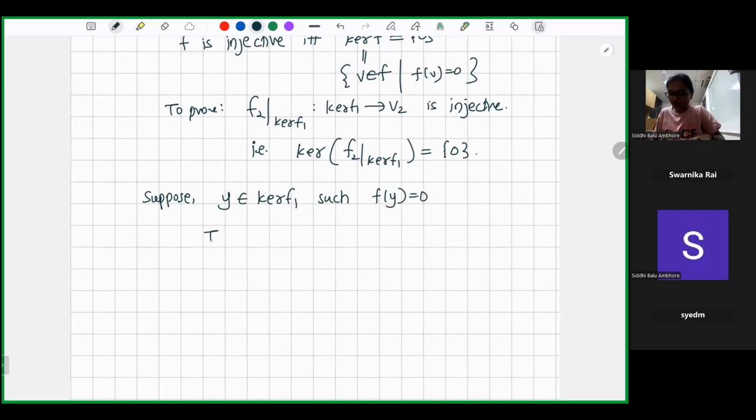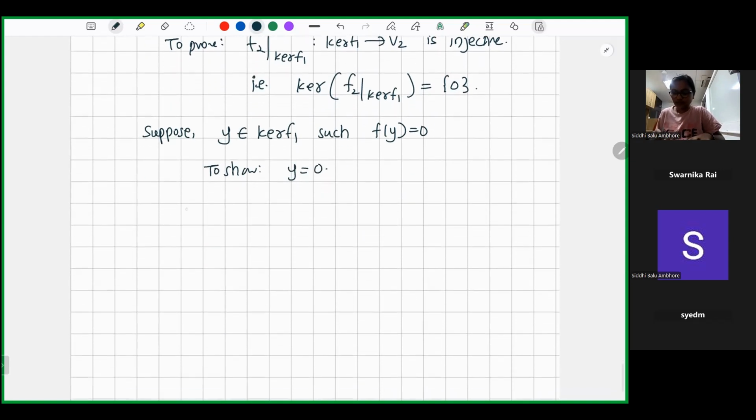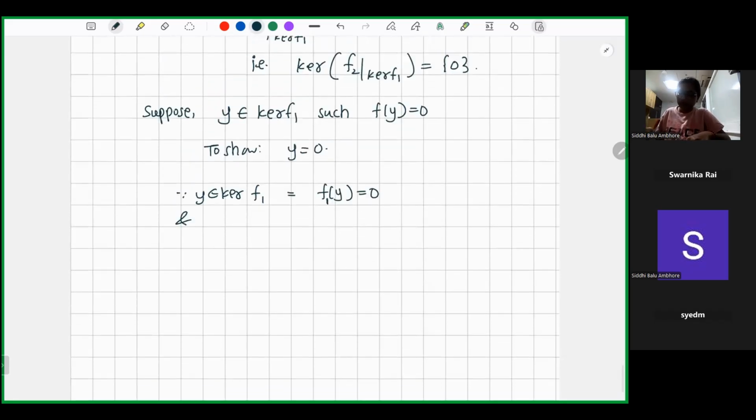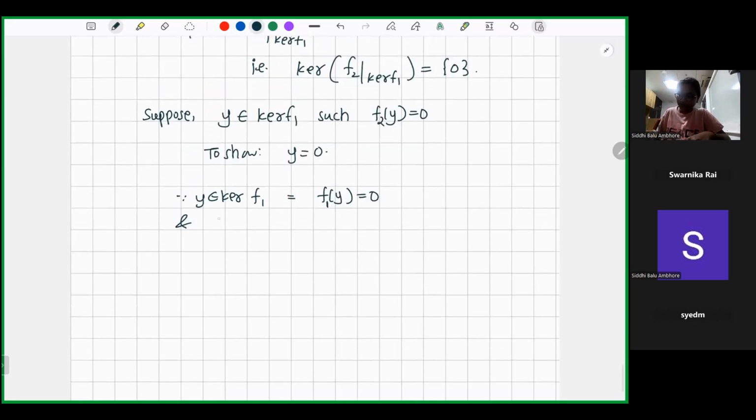We have to show that this y is indeed 0. Since y belongs to kernel f1, this implies f1 of y is 0, and we are already given that f2 of y is 0.